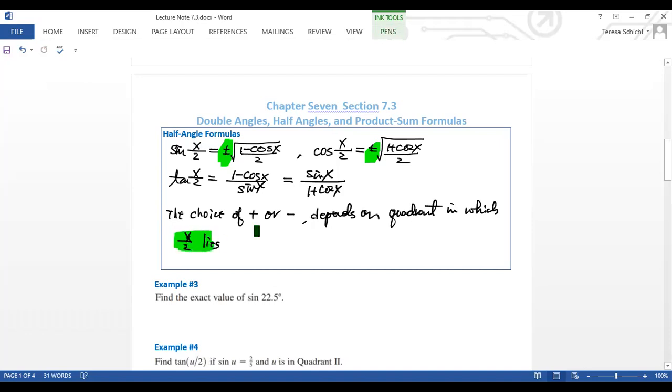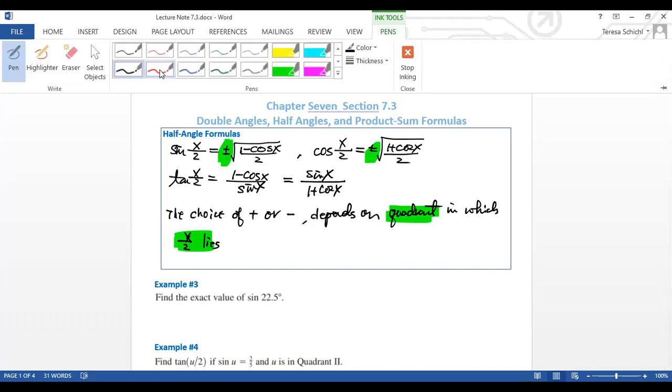Which quadrant? Because I know sine is going to be positive in quadrants 1 and 2, right? So if x over 2 is in quadrant 1 or 2, then it's positive. And we know cosine is going to be positive in quadrant 1 and quadrant 4, right? So when you do the cosine here, if x over 2 is in quadrant 1 or 4, then you choose positive.